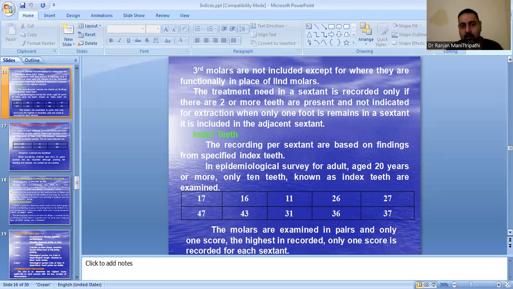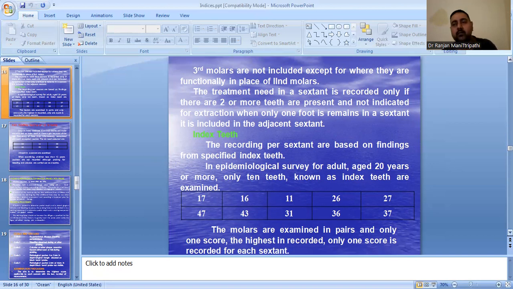Below 19 years, only 8 teeth are examined.